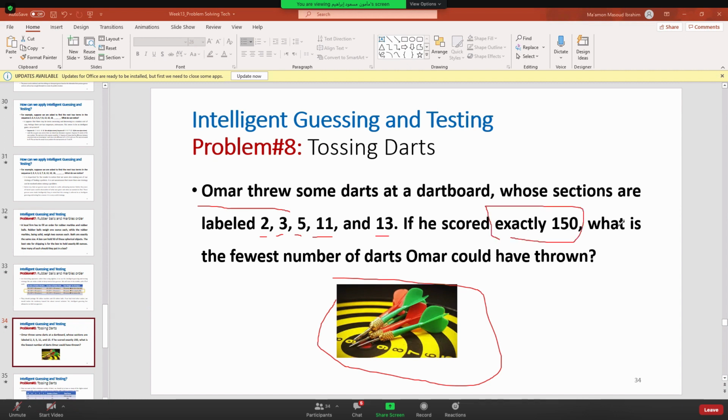We want to know what is the fewest number of darts Omar could have thrown to get 150.